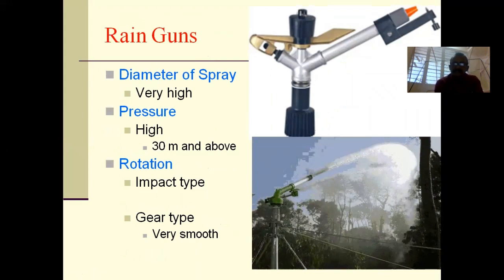And sprinklers with gear have a very smooth rotation compared to the impact type sprinklers. So this kind of gear type rotation comes only in rain guns.